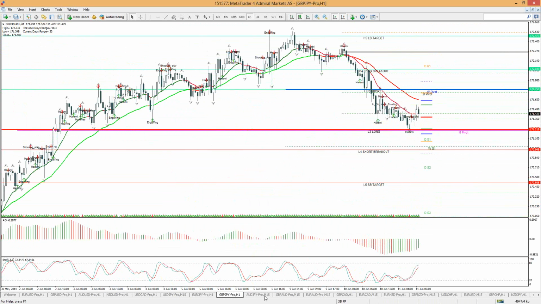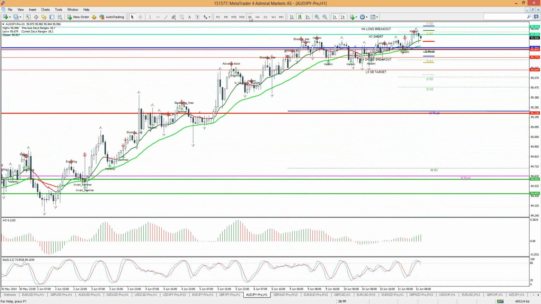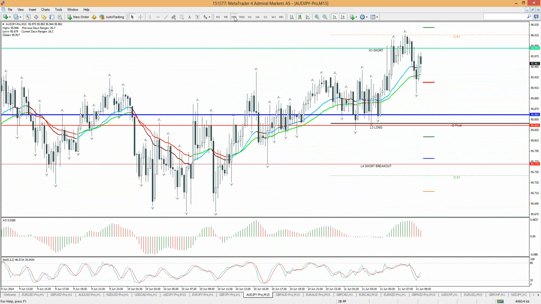Pound yen is retracing. Aussie yen is bullishly aligned. 15-minute too, but boy, oh boy, price action is pretty bad. I mean, pretty choppy.